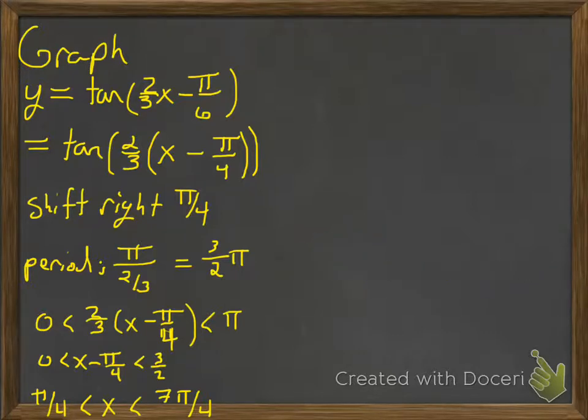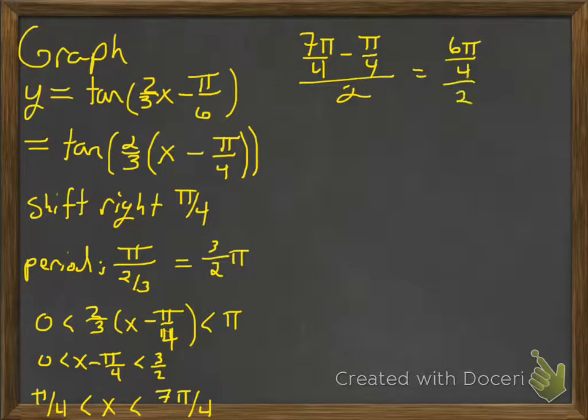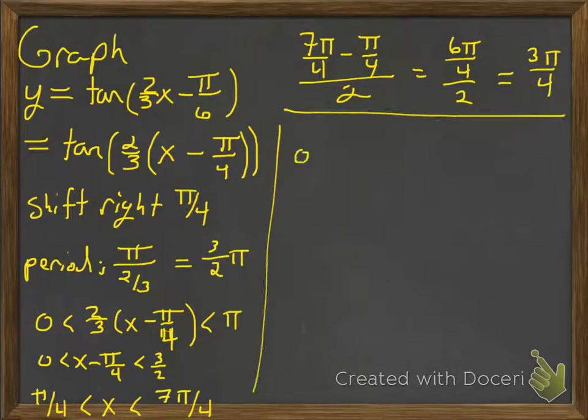We need to find how much we increase by, so we are going to be breaking this up into 2 intervals instead of 4 intervals like we do with the sine and the cosine. So 2 intervals, you get 6 pi over 4 divided by 2, which reduces to pi over 4. So that's what we're going to increase by. We're going to start at pi over 4, and we're going to increase by pi over 4.